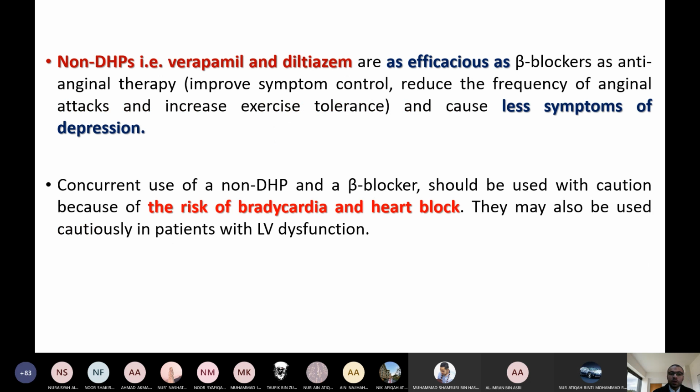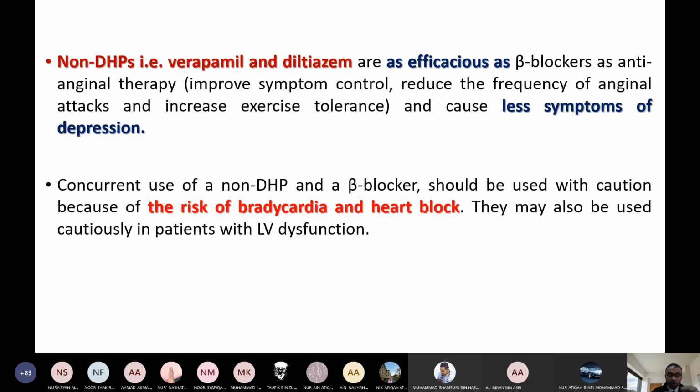Okay. The non-dihydropyridine, the one we called a replacer or an add-on to the beta blocker, has sufficient evidence and sufficient trials, and they assess the symptom control, the frequency of the angina attack, besides the exercise tolerance that we mentioned in the dihydropyridine.